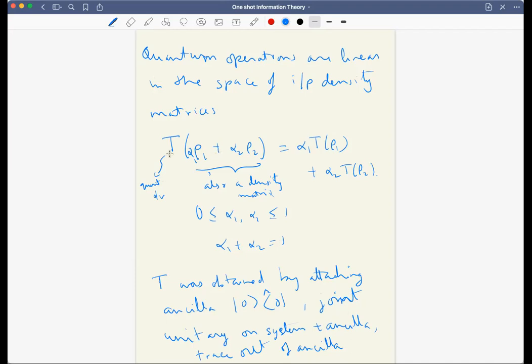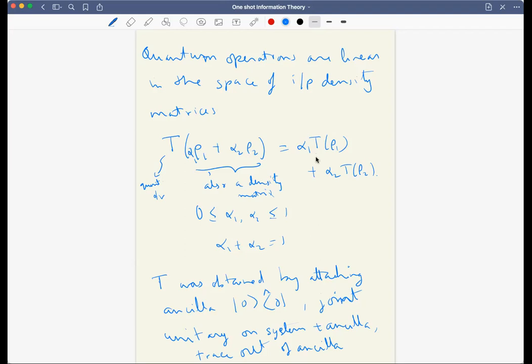If I conjugate alpha 1 rho 1 plus alpha 2 rho 2 by some unitary, that means I multiply on the left by U and on the right by U inverse, then you can see it's linear. It is the same as alpha 1 U rho 1 U inverse plus alpha 2 U rho 2 U inverse, which is what the right-hand side is.